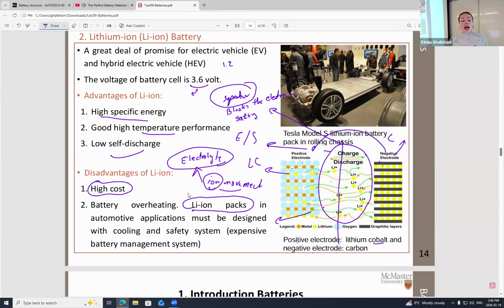Therefore, if we do not have a coolant system, we are not gonna be able to maintain the safety of the batteries. So that's super important. And most of the time, adding a coolant system is gonna cost a lot for the manufacturer. Therefore, the total cost of the vehicle may be impacted based on that. So that's another thing that we have to consider.